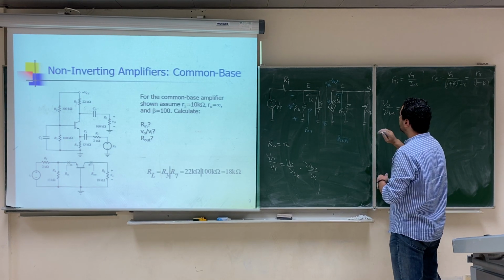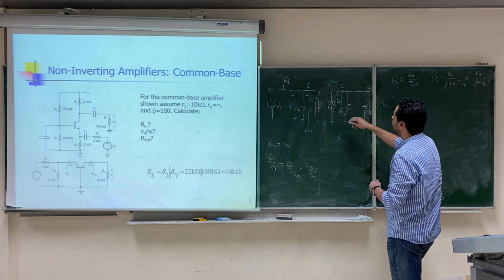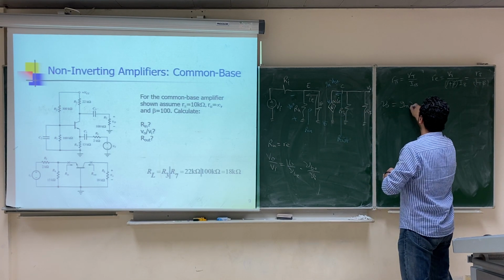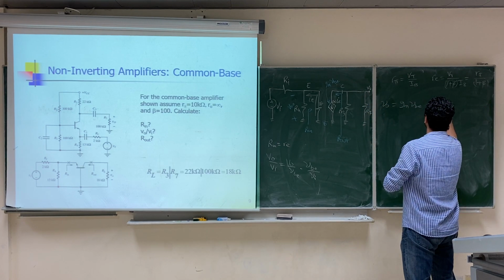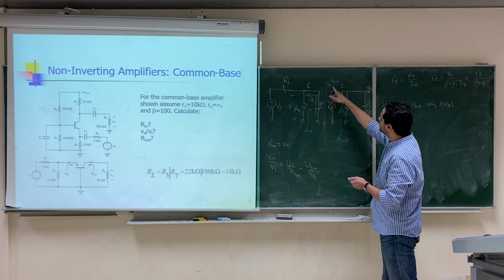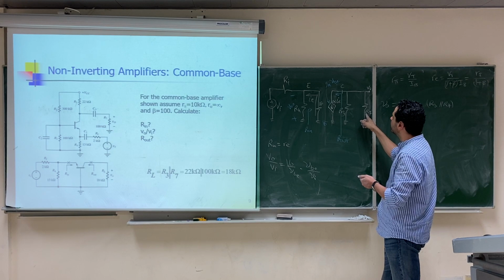V output from this part of the circuit equals the current here, GM VBE, the dependent source, multiplied by the total resistance, which is R3 parallel with R7.